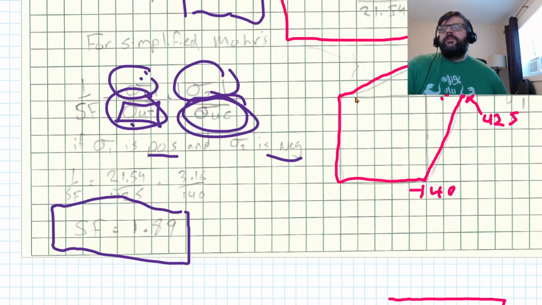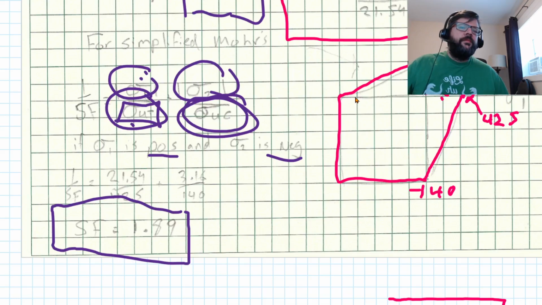Anytime you have positive shear and positive and negative principal stresses, when you calculate your von Mises equivalent, it ends up being a larger von Mises value than if you had the same values with both of them positive or both of them negative.